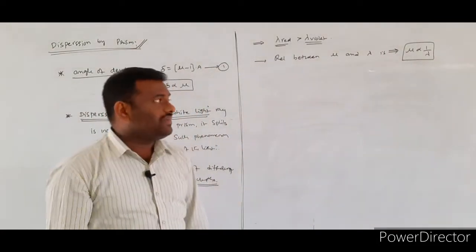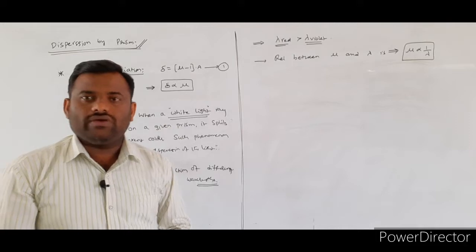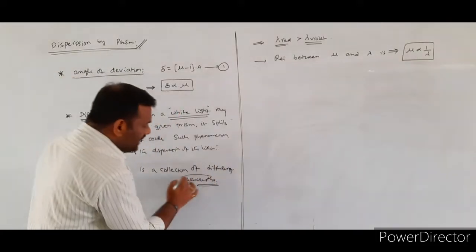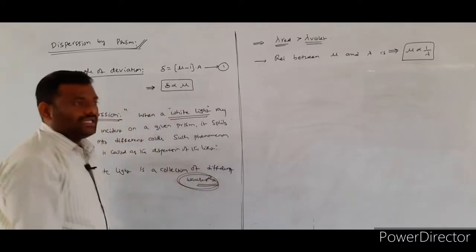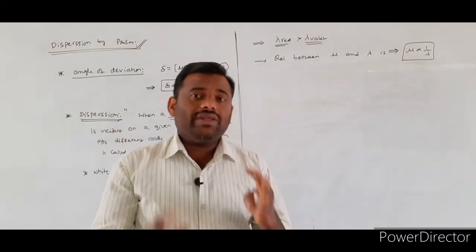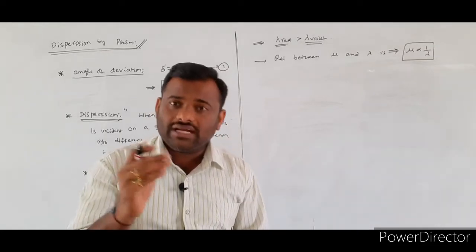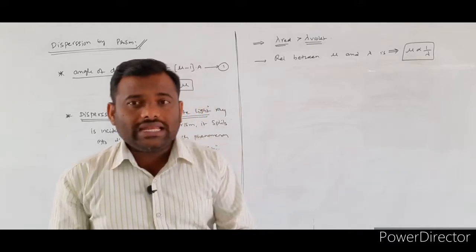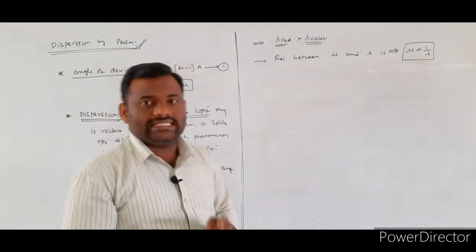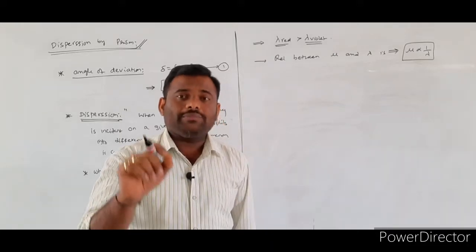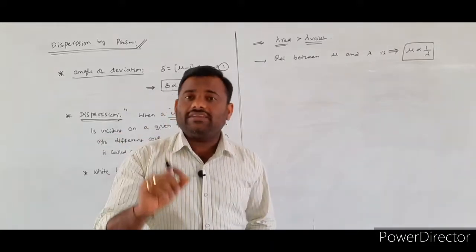Just now we told that the white light is the collection of different wavelengths of the light. Whenever these different wavelengths are incident on the given prism, the refractive index of the prism also changes.